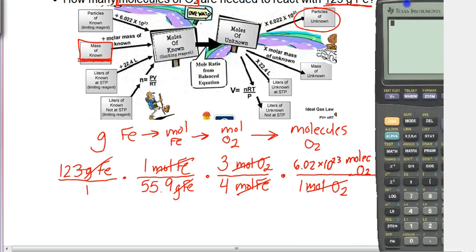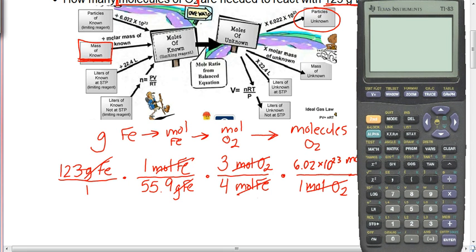And I've got my handy dandy little TI faker here. So you'll type in 123 times 1 times 3 times 6.02.